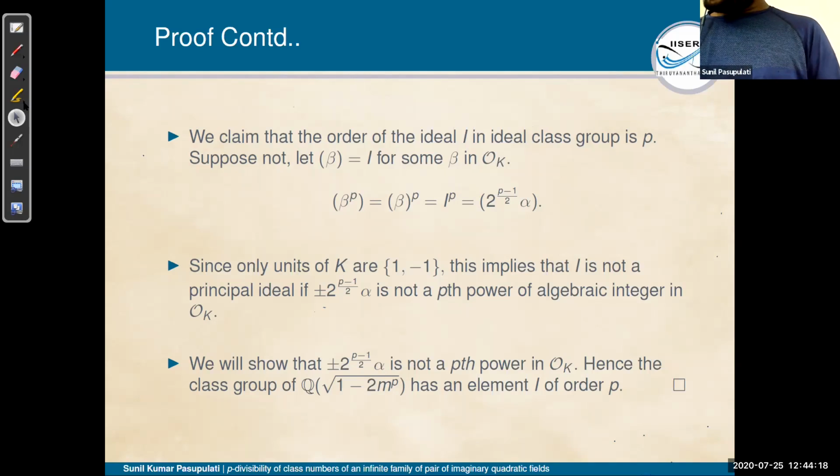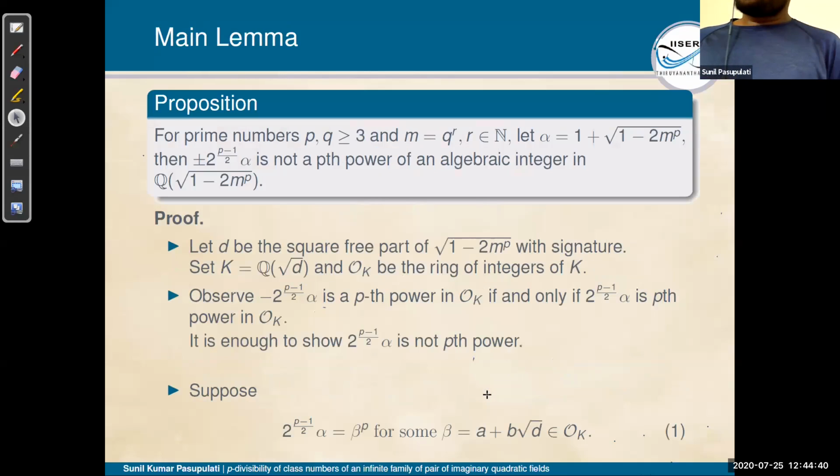So I'm just left with proving that plus or minus 2 to the power (p minus 1) by 2 times alpha is not a p-th power in O_K. Let's proceed. The proposition has the same conditions as the main theorem.